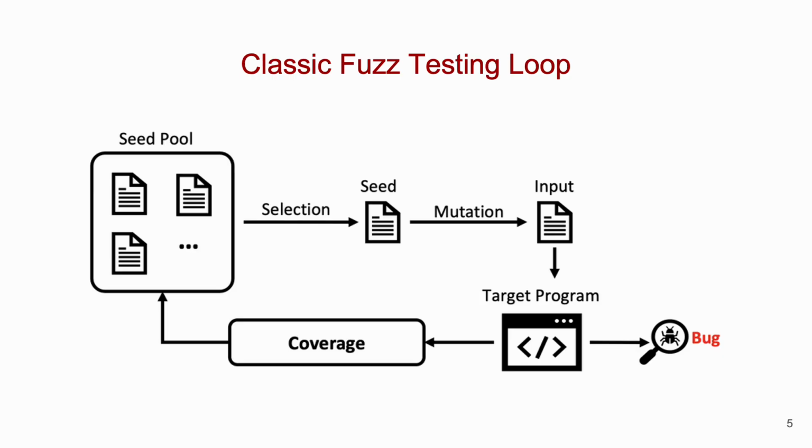The mutated input is provided to the instrumented binary. The program executes and returns coverage feedback, which dictates which inputs are interesting and which can be discarded. On detection of a bug or a crash, the input is saved for later triaging.